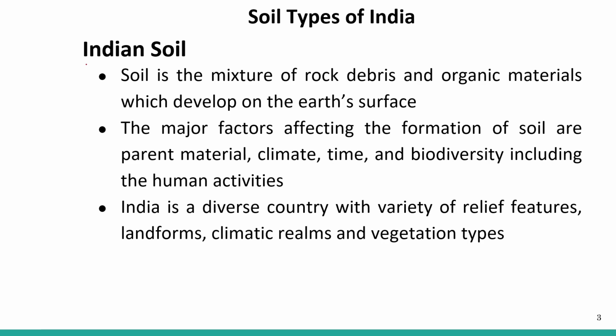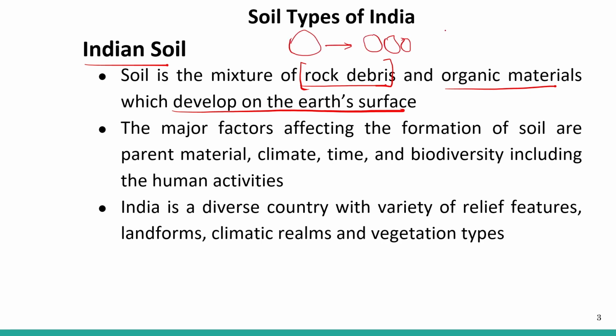Indian soil. Soil is the mixture of rock debris and organic materials which develop on the earth's surface. Soil is made from rock debris; it starts from rock, then forms small pieces of rock, then comes the rock debris, and ultimately changes to soil.